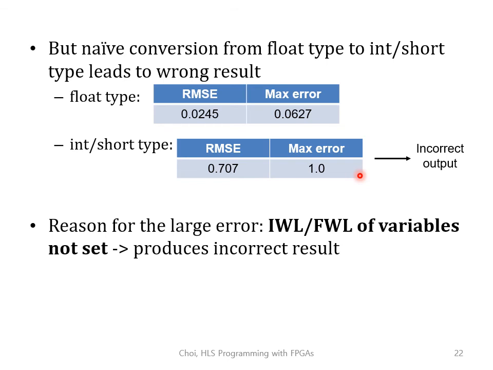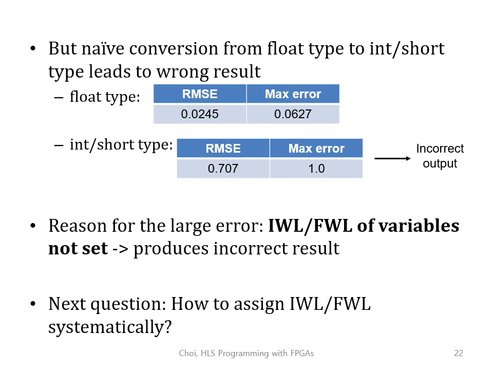And now we know the reason. This is because we have not set the IWL and FWL variables while making the fixed point conversion. So the output is going to be incorrect. So the next question is, how do we assign IWL and FWL systematically? And this is what we're going to learn in the next class. In fact, we'll go over the whole fixed point optimization process the next time.